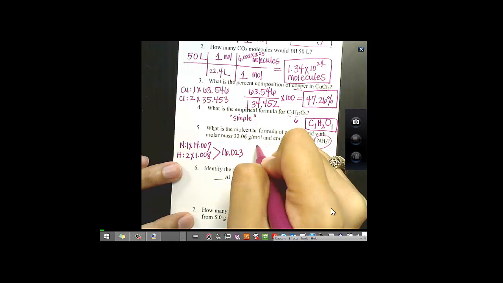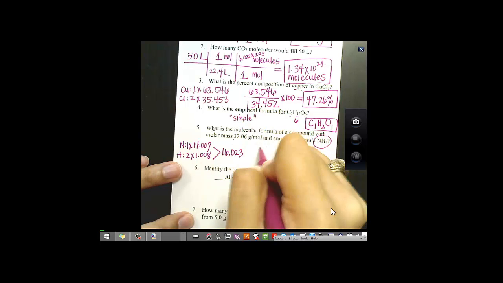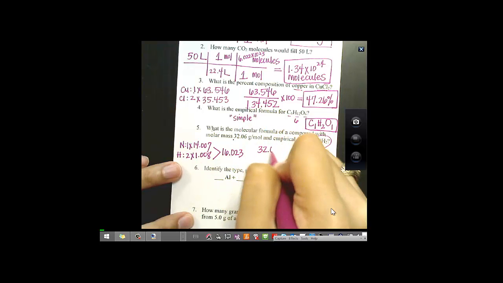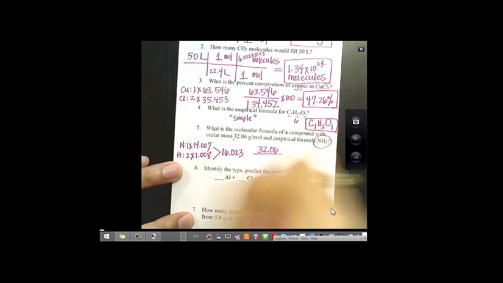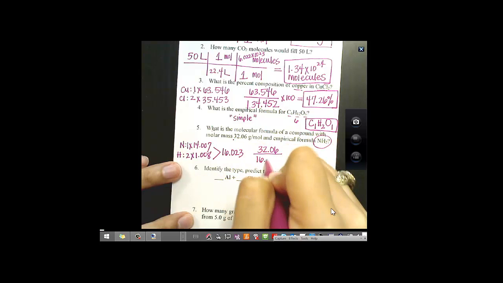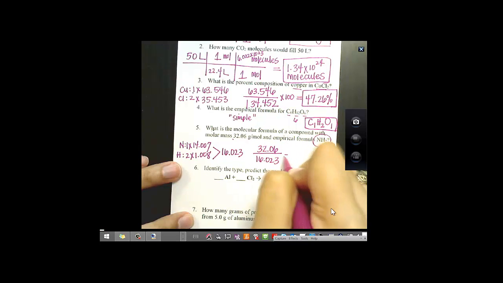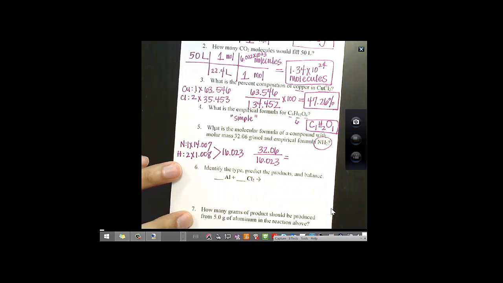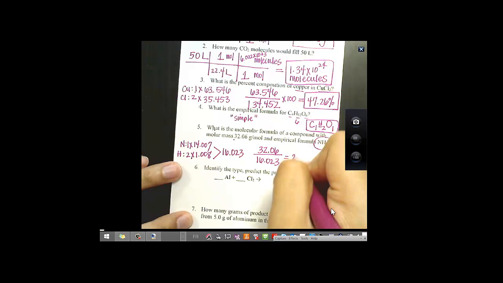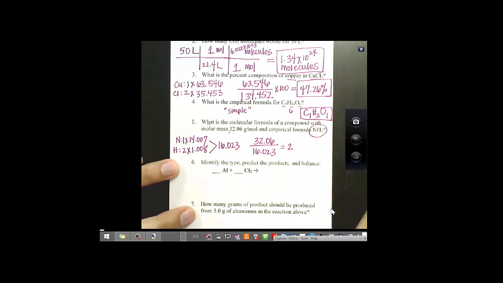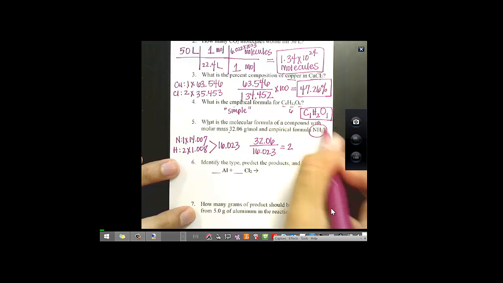Now we're going to use the molar mass we're given in the problem. Divide 32.06 divided by the answer that we just got. And we get 2. So what that means is that I need to multiply this empirical formula times 2.